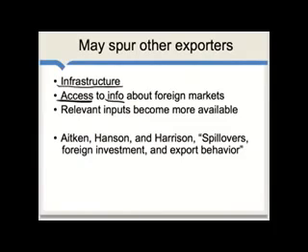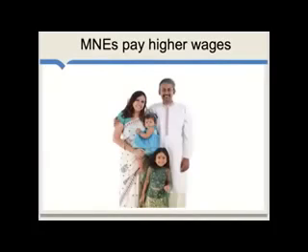It may also help that economy access information about foreign markets, which will have spillover benefits for other potential exporters, and in general the relevant inputs for making something a potential export, or even just for home consumption, become more available because of the activities of the multinational. On some of these factors, there's a very good piece by Aitken, Hansen, and Harrison.